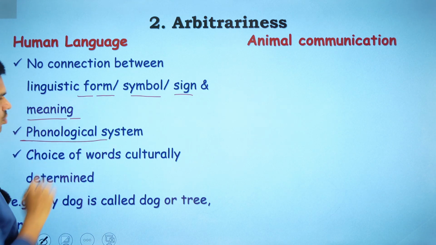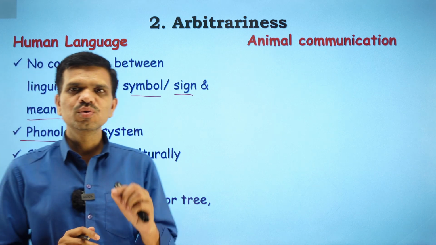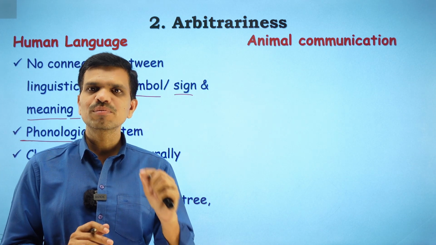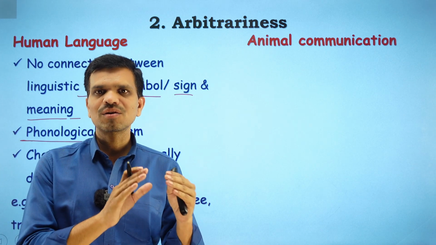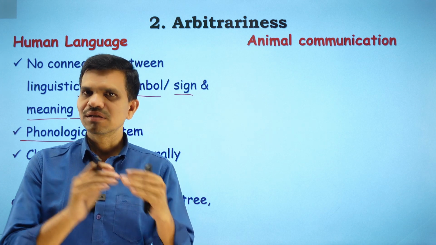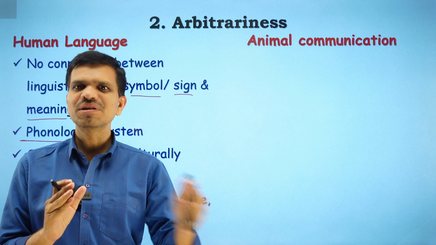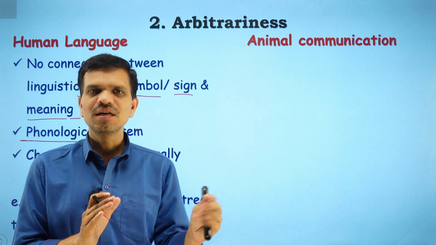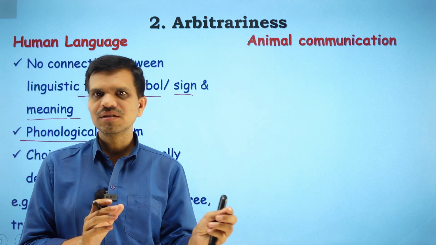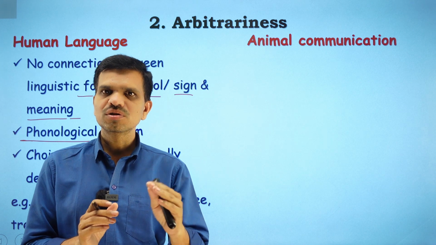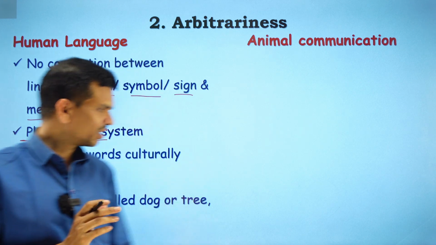Basically we are talking about human language, this phonological system we have, and when we utter or pronounce some kind of words, the same words are not spelled in the same fashion when we use a written form. So there is arbitrariness, the language is arbitrary, and there are so many things in a language, those things we named or we have particular names.